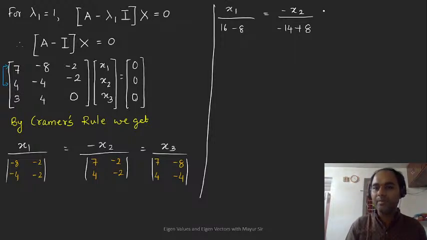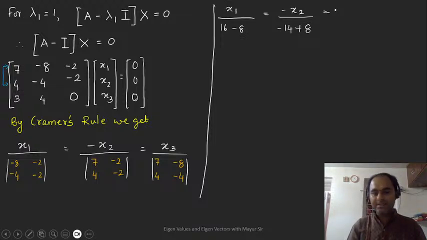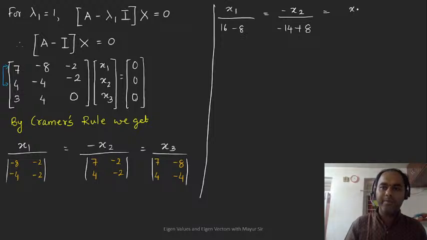And then here you will get, so x3 over here you will get is -28, and here you will get plus of 32.